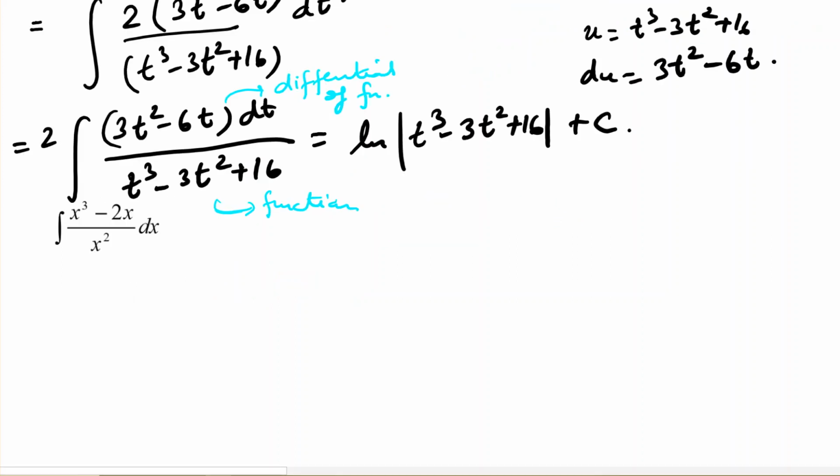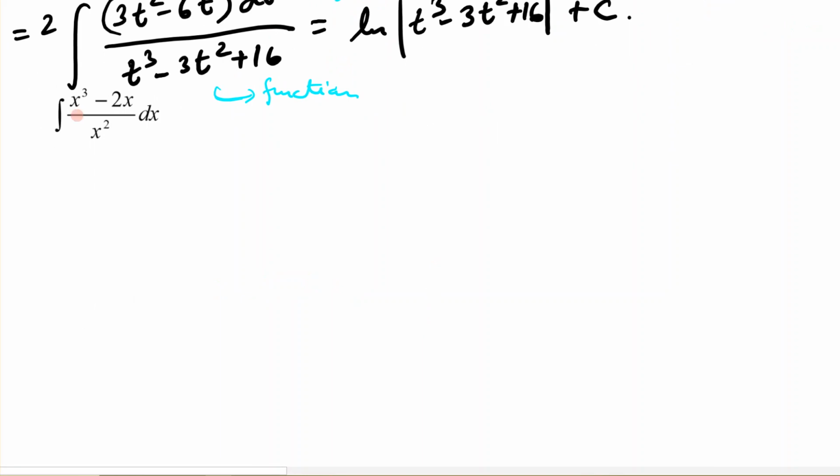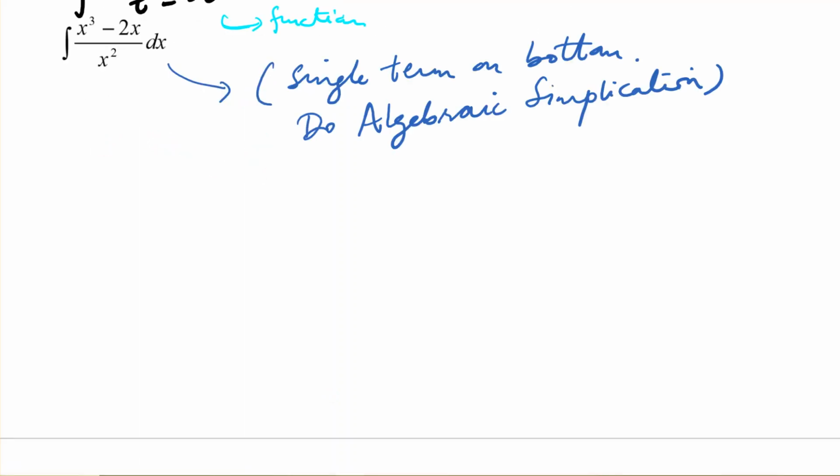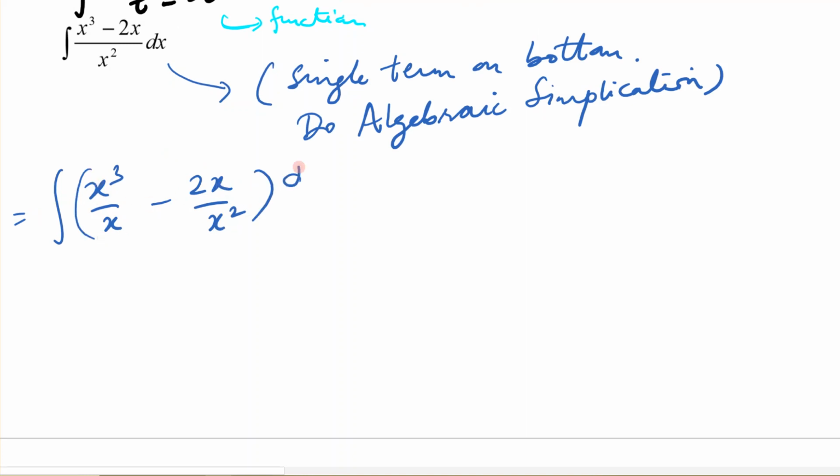All right, so in the next example we have the integral of x cube minus 2x over x squared dx. We see that there is a single term in the bottom. Whenever you have something like this, you need to do some algebraic simplification. So we're going to split this into two integrals: x cube over x squared minus 2x over x squared dx.